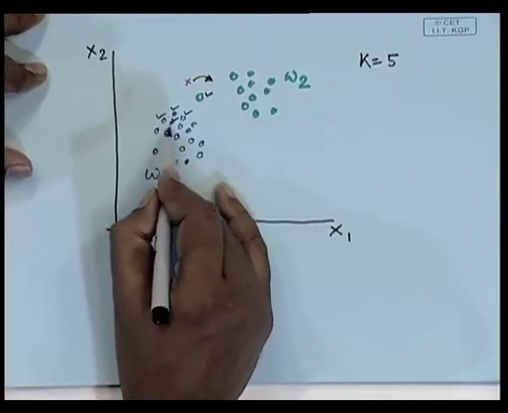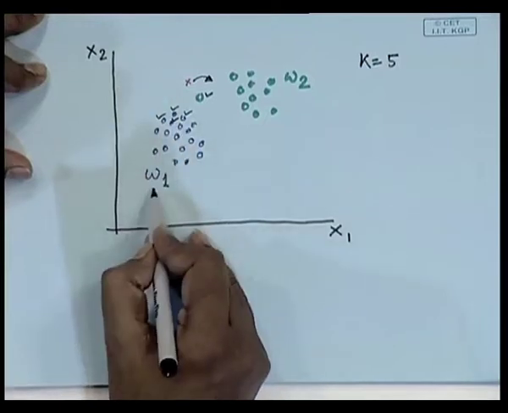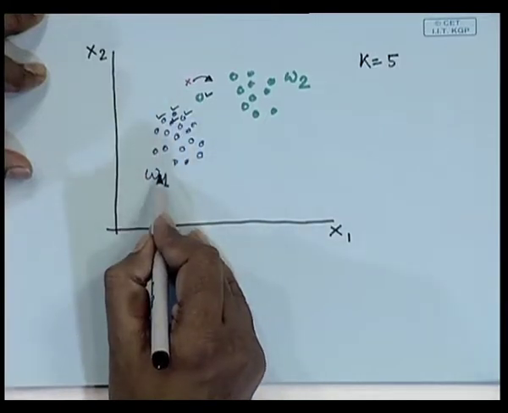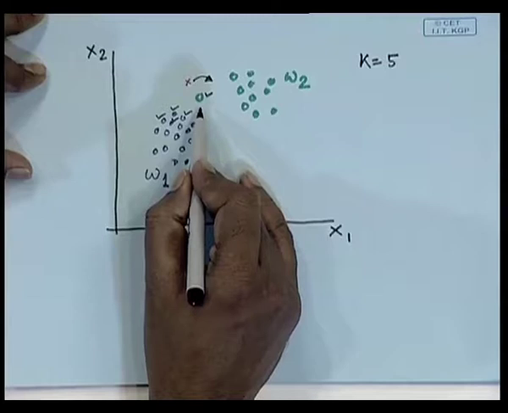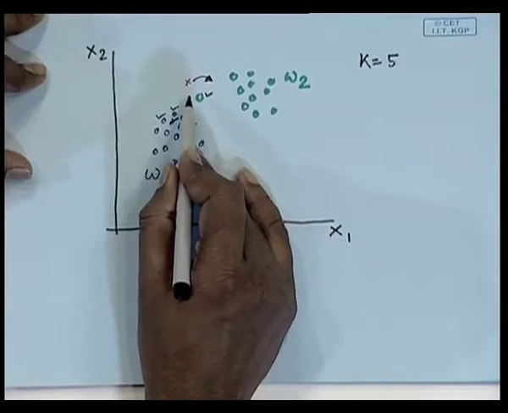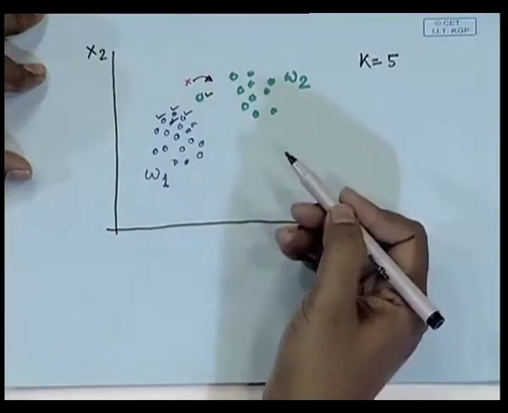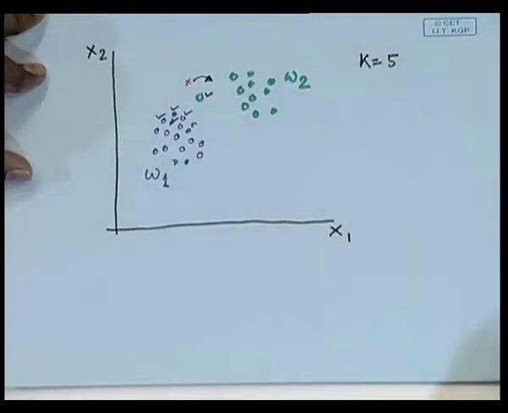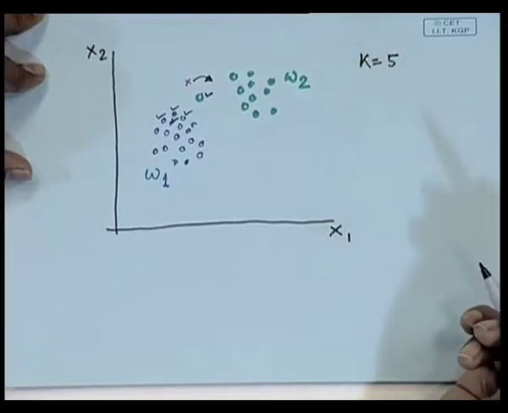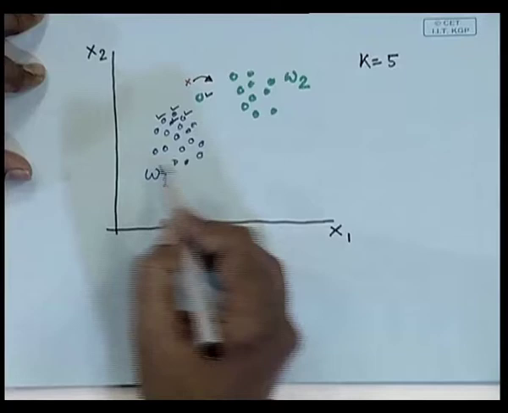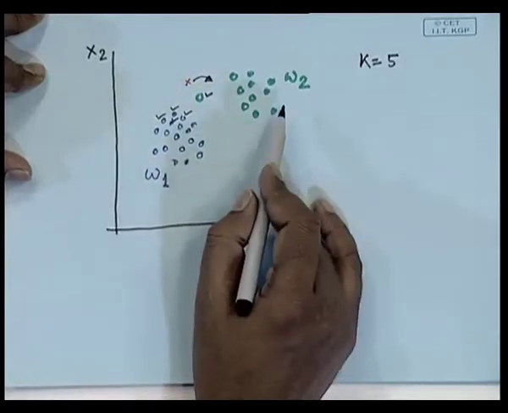Out of 5, you find that there are 4 samples from class omega 1, and only 1 sample from class omega 2. So, it is class omega 1 which is maximally represented in those 5 training samples. So, I have to classify this unknown sample x to class omega 1 rather than class omega 2.